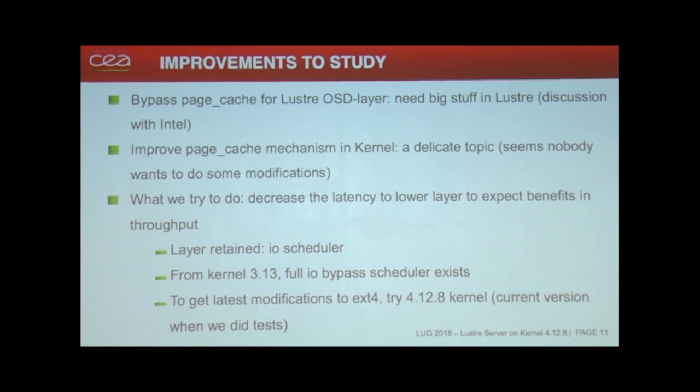The second one is that, OK, we can talk with kernel people to say, oh, can we do something with the page cache mechanism to optimize this behavior? We had some discussion with kernel people that told us, oh, that's a bit hard, that's very tricky.